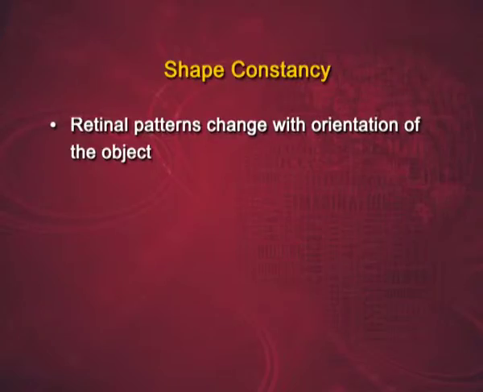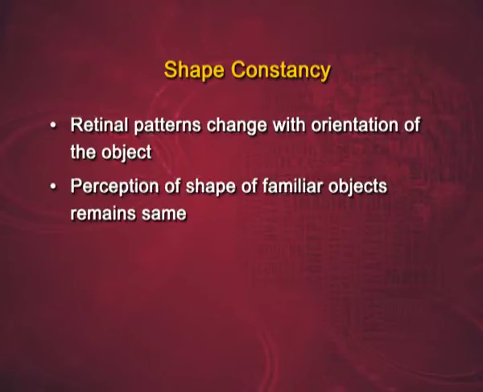Still, your brain tells you the correct shape each time. The retinal patterns change with the orientation of the object, yet the perception of shape of familiar objects remains the same. This is another wonderful gift that human beings and even animals and birds have to a certain extent.